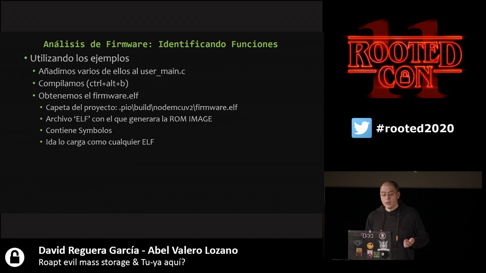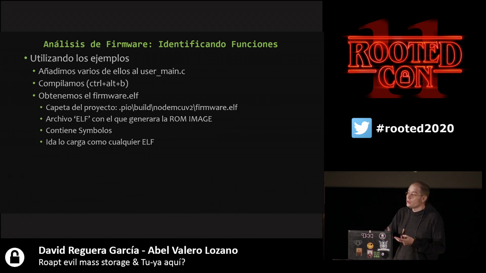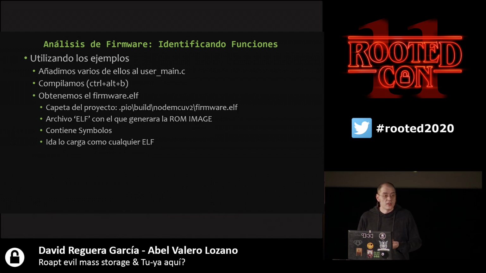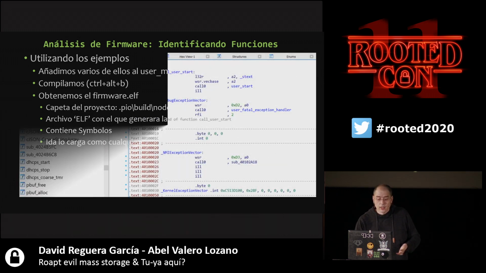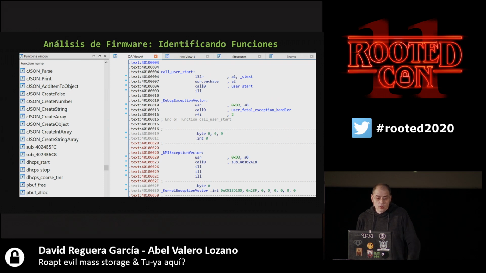This is the ordinary ELF file. The only difference here is that the ELF file is in Xtensa architecture. Once you have compiled it and launched it into IDA, you have the names of the functions, and then you can also see the code that has been generated in Xtensa for you to use as a reference and to take out signatures. So this is an ELF file created by me.